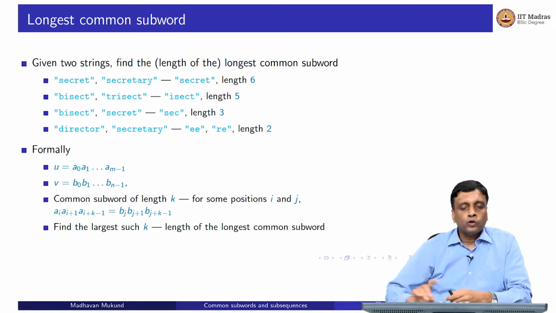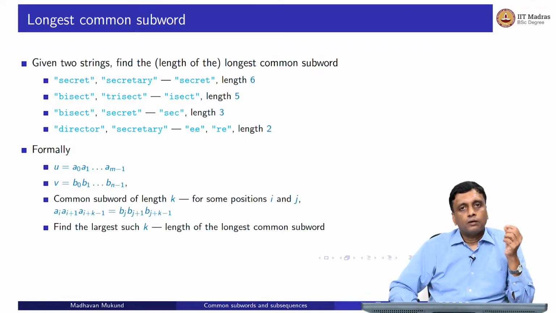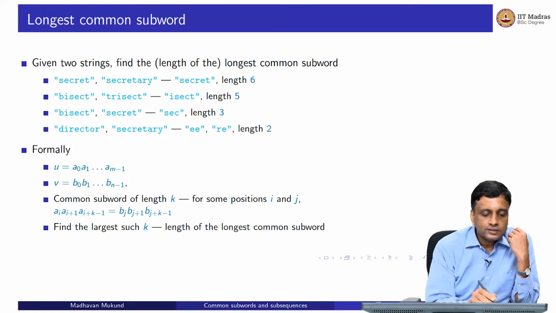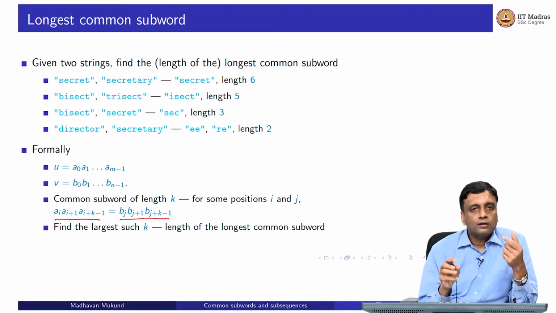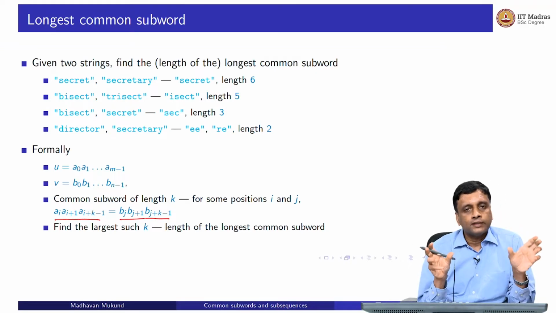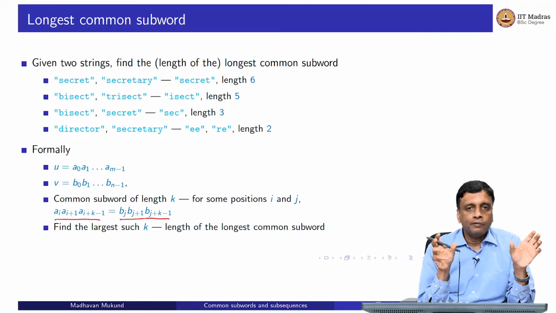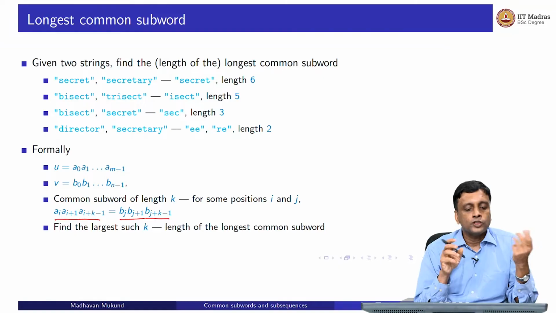What we want to do is find common subwords. Basically we want to find some sequence of length k in both of them, such that the two sequences of letters are the same. And if we find such a length k subsequence, we say they have a common subword of length k, and we want to find the largest k for which such a thing exists. So that's the longest common subword.